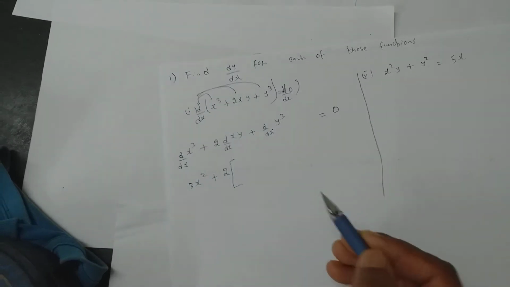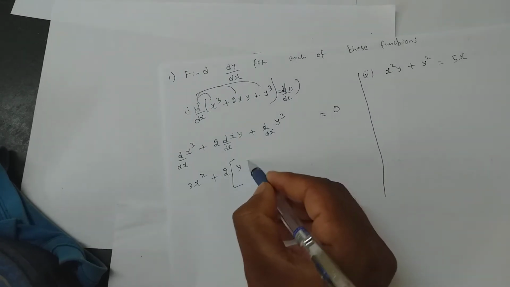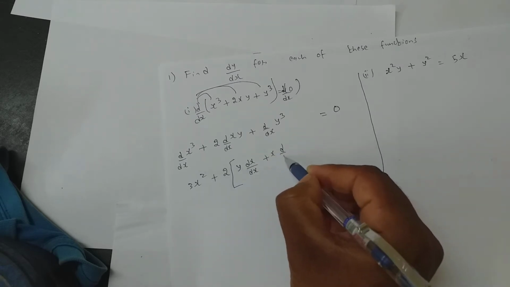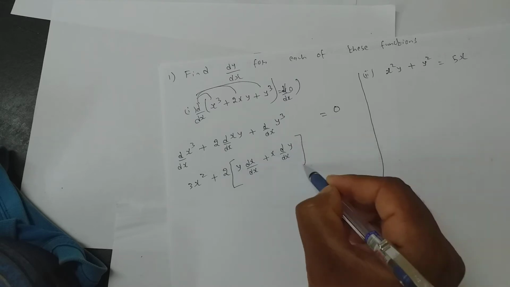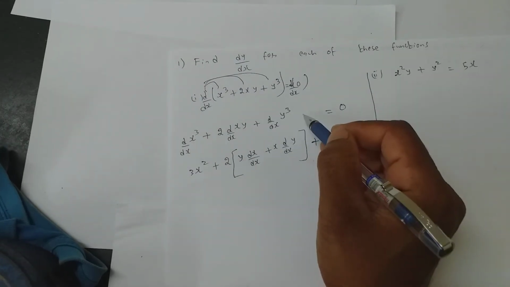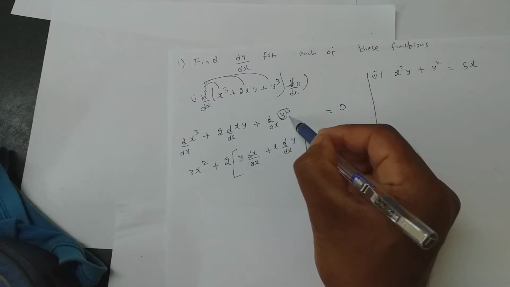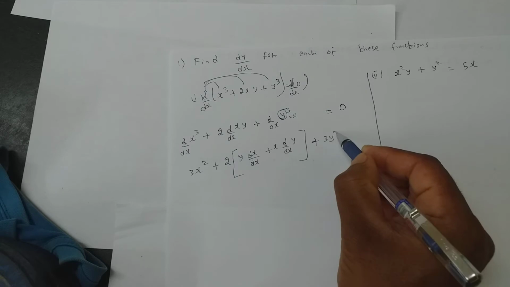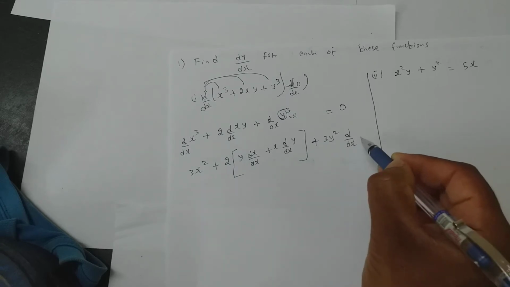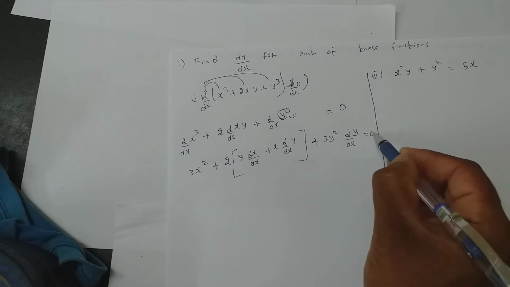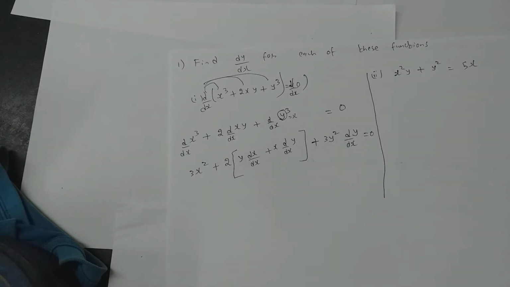So place a bracket. Product rule means, which you already know, y into d by dx of x plus x into d by dx of y. Plus, of y cube I don't have, so I assume it to be x. So x cube differentiation is 3x square. So here it is 3y square into d by dx of whatever you have assumed, which is y, equal to 0.